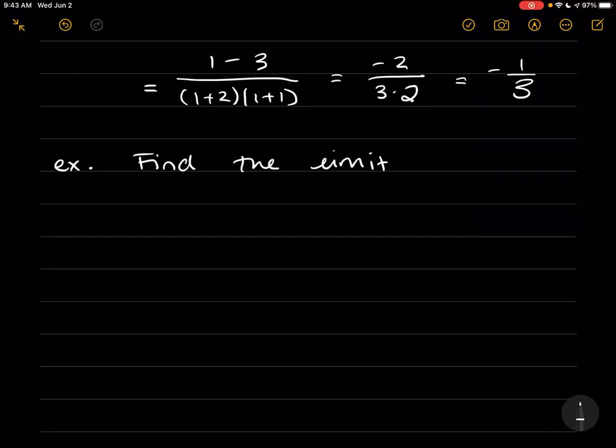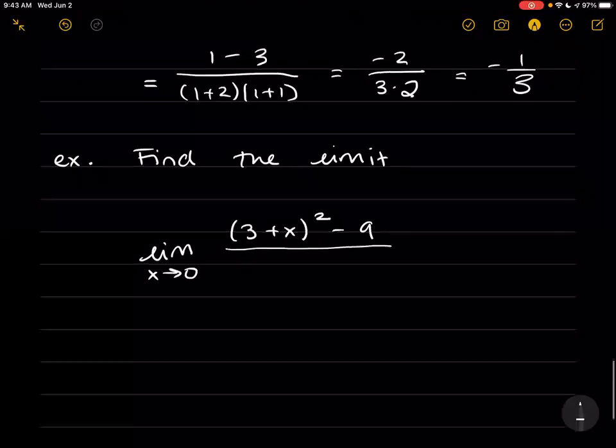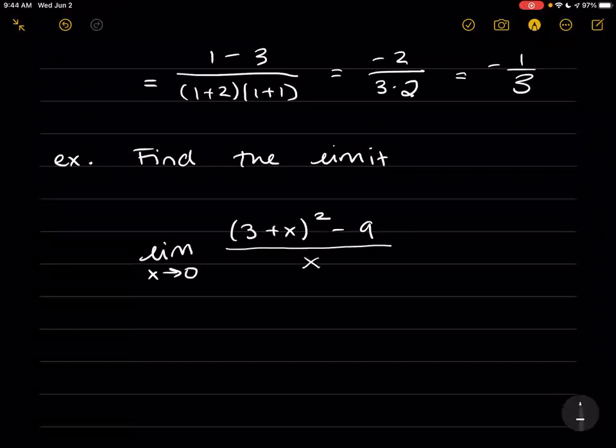So let's say we want to find the limit as x goes to 0 of 3 plus x squared minus 9 over x. Note 0, so x going to 0, is not in the domain.